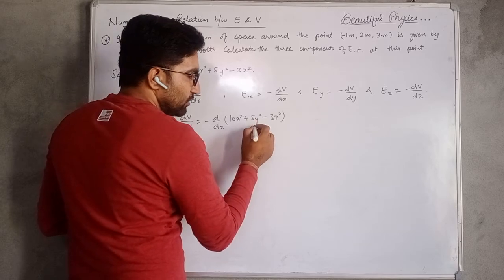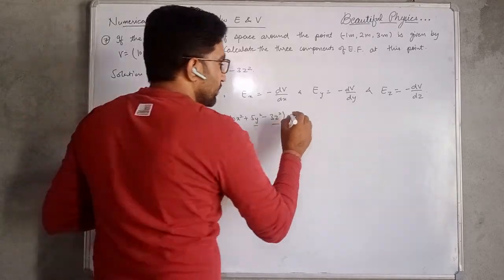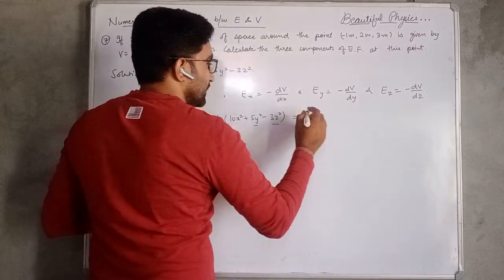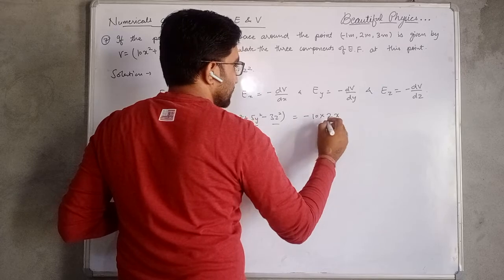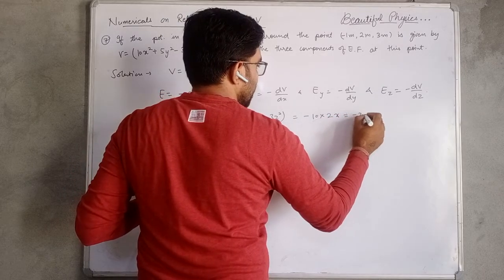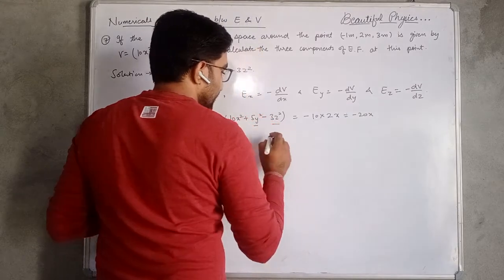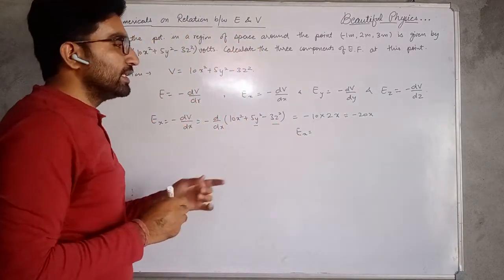So the differentiation of the y and z terms is 0. So we have only minus, it will be 10 multiplied by 2x, equal to minus 20x, and it is Ex, the component of electric field.